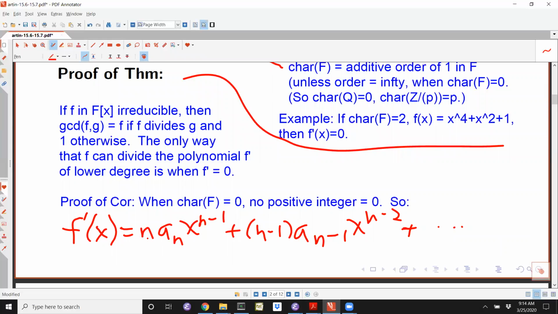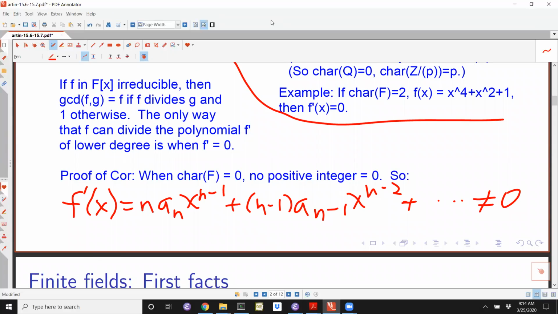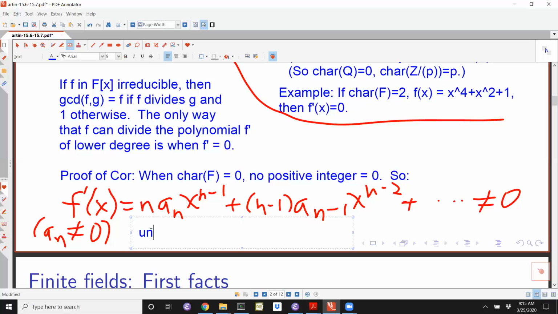You bring down the exponent, and you subtract 1 from the exponent, and do the same thing over here. So that can never be equal to 0, assuming that you haven't written out your polynomial in some silly way. Assuming that a sub n is not equal to 0, this is never equal to 0 unless f of x is a constant polynomial.